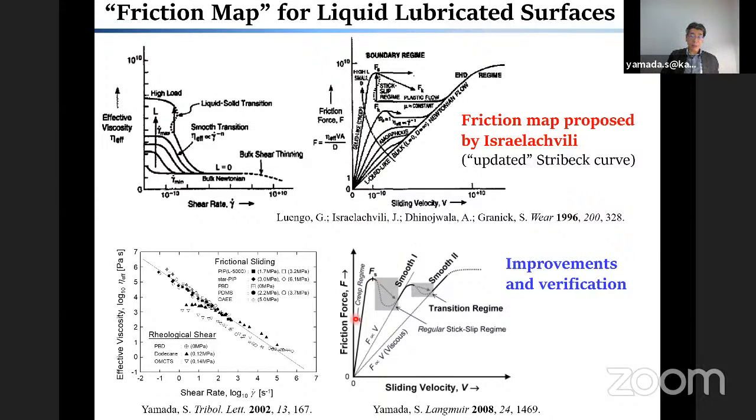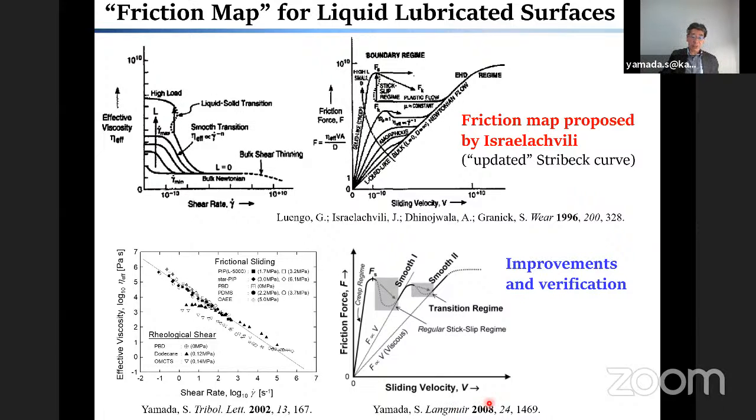I added some improvements, the existence of the universal equations for the effective viscosity in the hard wall state. Also, I did some experimental verification of their viscosity and friction map by studying the shear behavior of industrial lubricants.